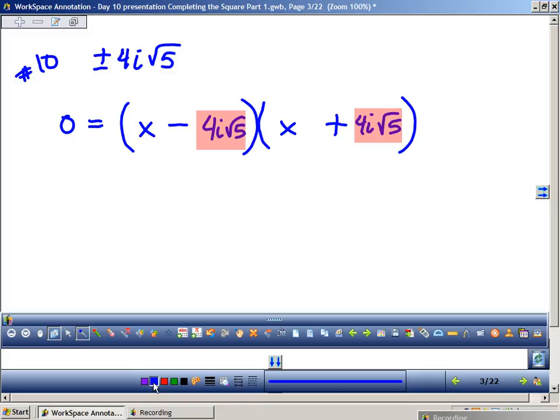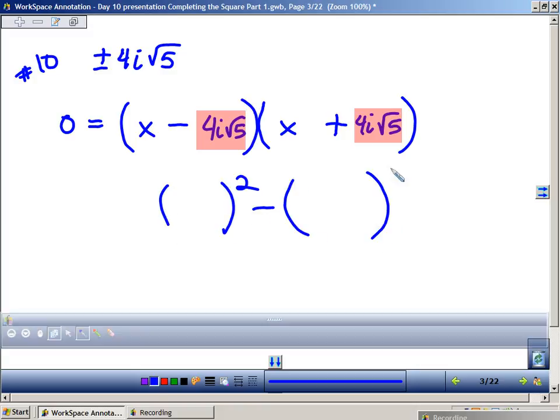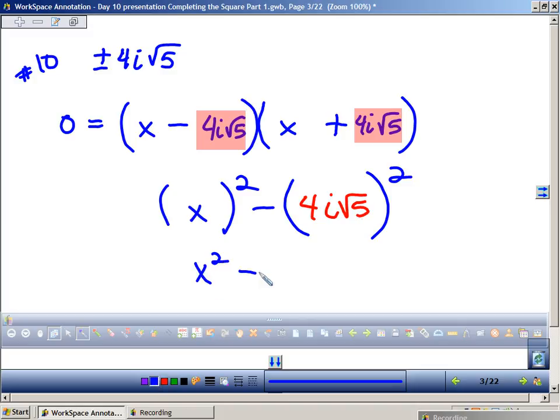Okay, so this is the difference of two squares. The difference of two squares means I take the first one and put it inside of the first square, and the second one and put it inside of the second square. Then I just square them. This becomes x squared minus 4 squared, i squared and root 5 squared.